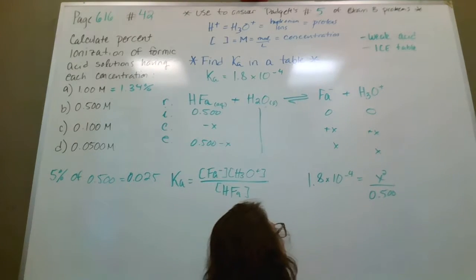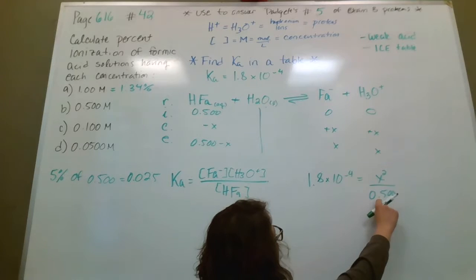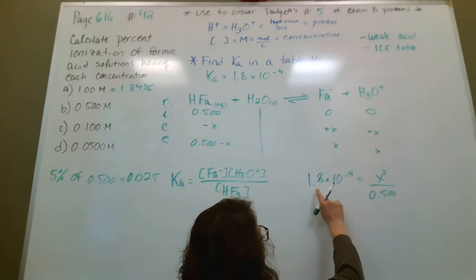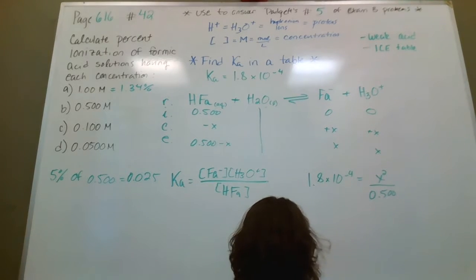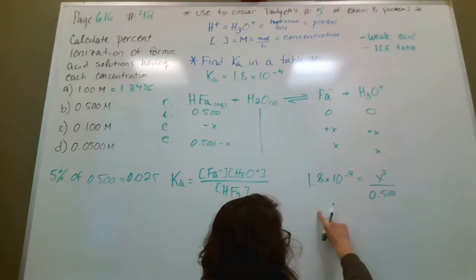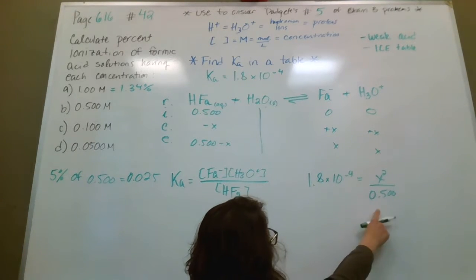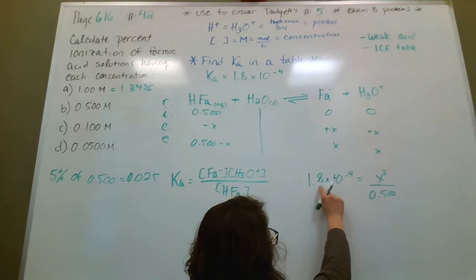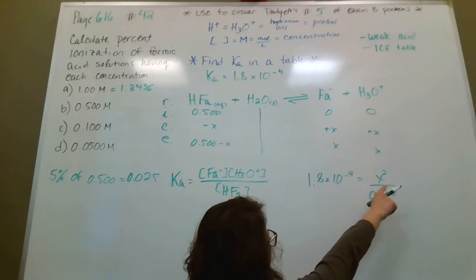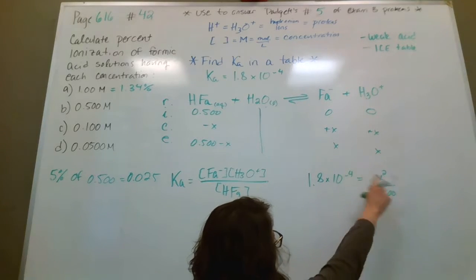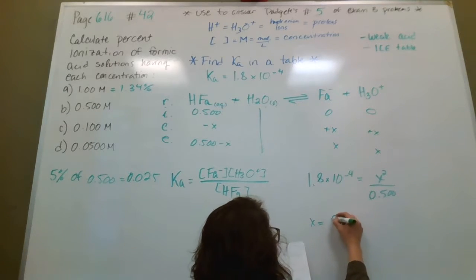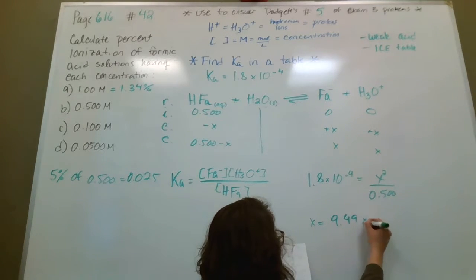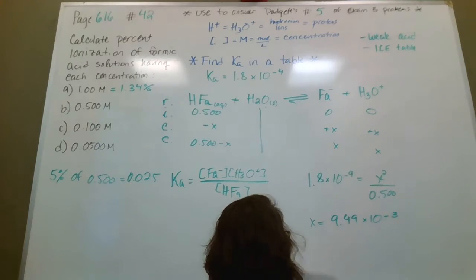So if we evade it, just get rid of it, this algebra looks like this. It's 0.5 times 1.8 times 10 to the negative 4 will equal our x squared, and then you take the square root of both sides, and you get your x to be 9.49 times 10 to the negative 3.